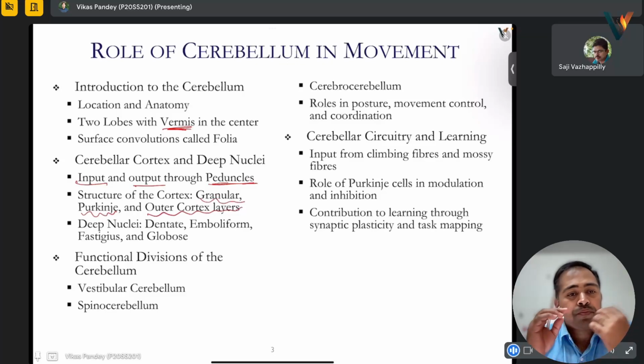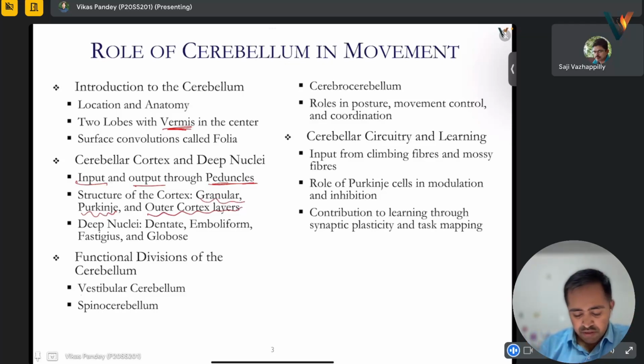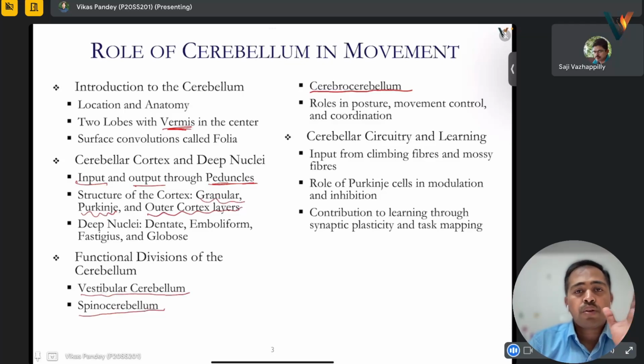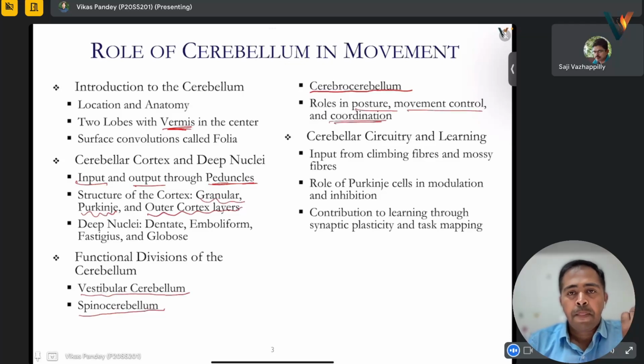Okay, so there are some functional divisions of the cerebellum. First one is the vestibular cerebellum, second is the spinocerebellum, and third is the cerebrocerebellum. The main role of cerebellum is posture, movement control, and coordination.